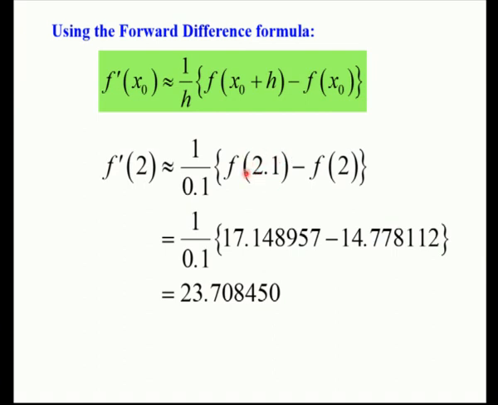So, function value at 2.1 minus function value at 2 divided by the difference, that is h. So, I get this derivative value.